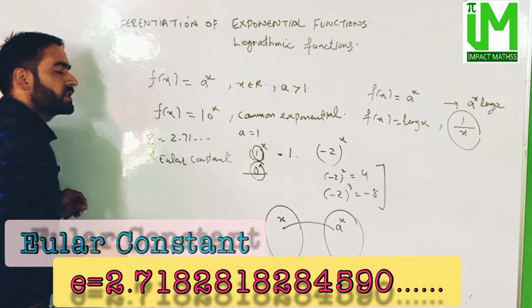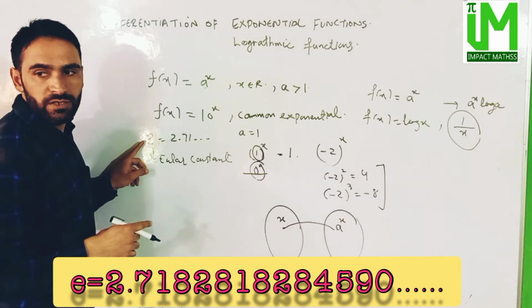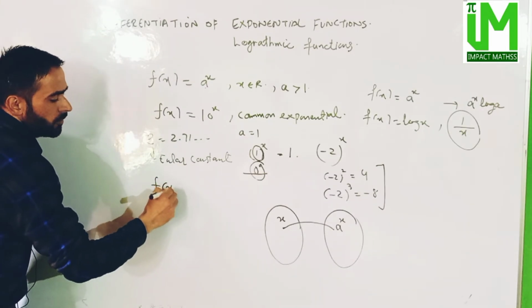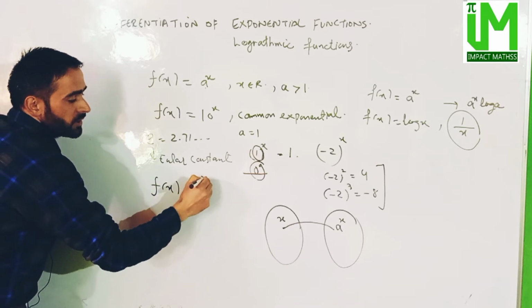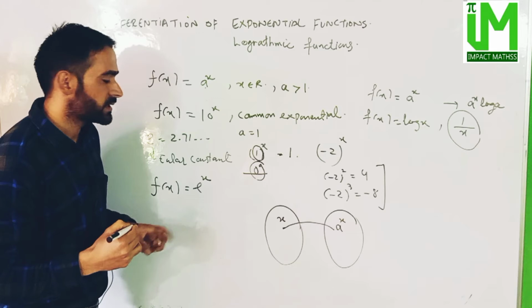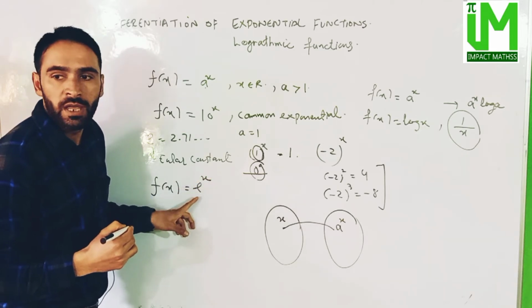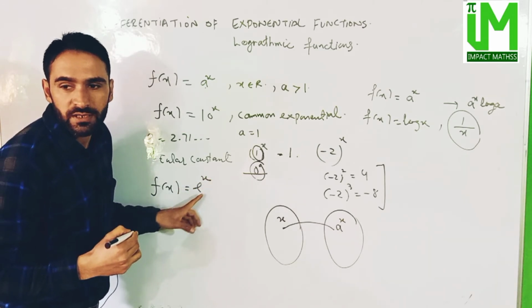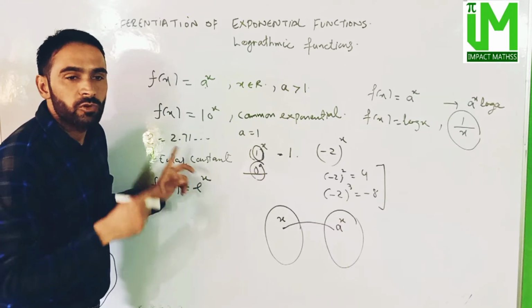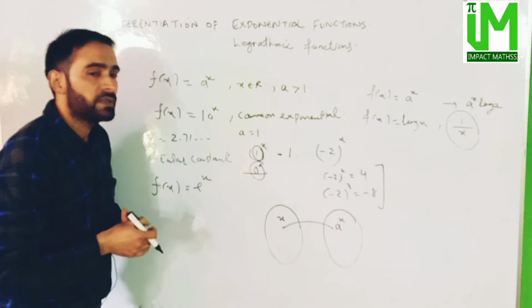If we take e as the base, in that case we write f of x is equal to e raised to power x. This is the form most often used. What is e here? e is this Euler constant, whose value is 2.71 and some.